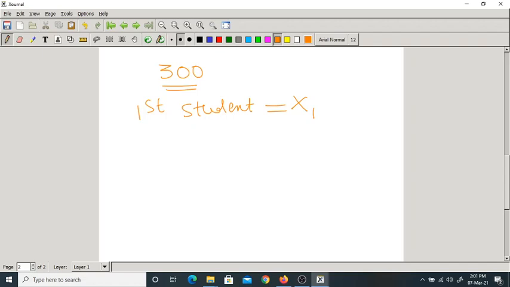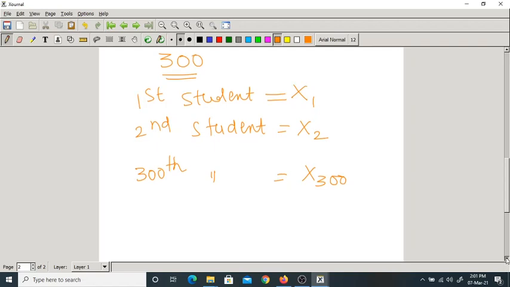The second student is another random variable, let us call it x2. Like this we have the 300th student, that is x300. So we have x1, x2, and so on up to x300 random variables. Each student is a random variable.